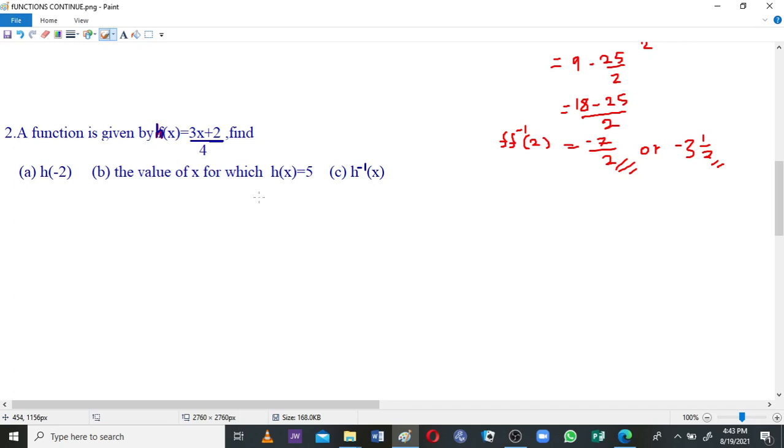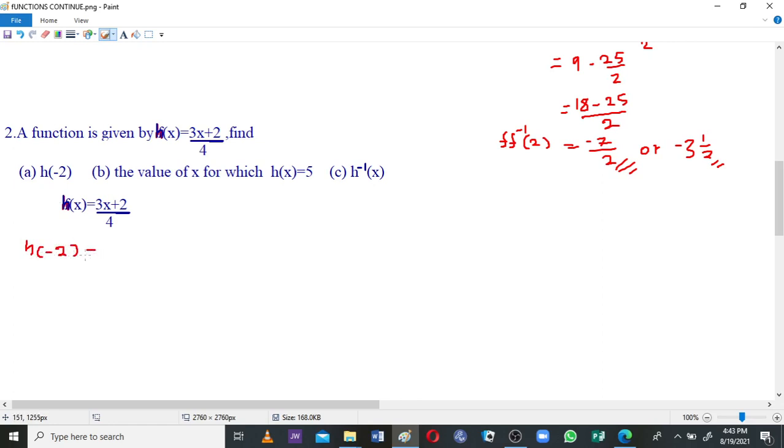Now we can solve this one. Since we have the knowledge from the previous video, we can solve example 2, or let's say question 2. In this one, the function we have is h of x equal to 3x plus 2 over 4. The first question is we need to solve for h of negative 2.